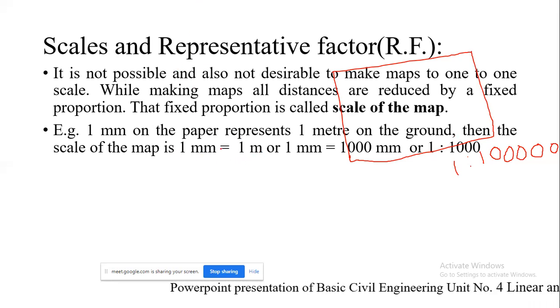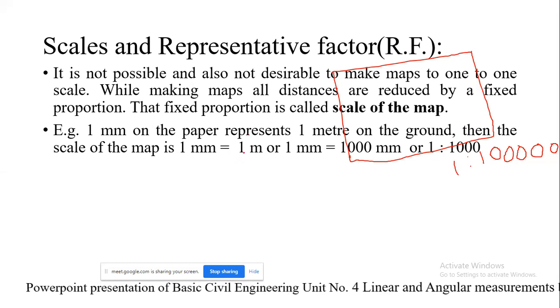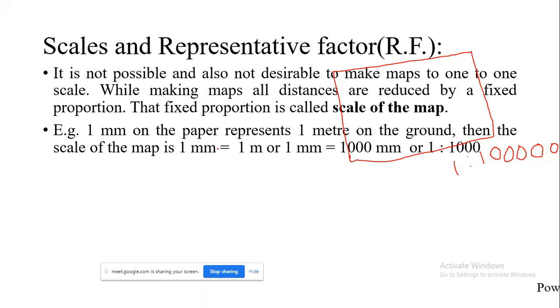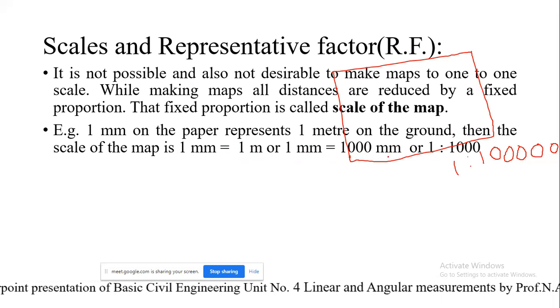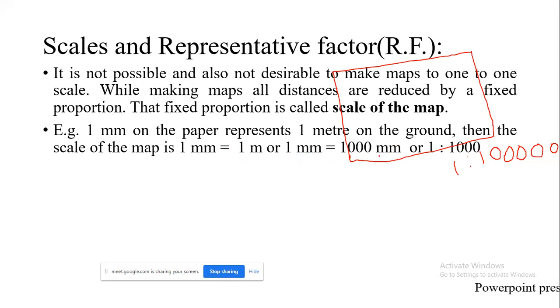You can call the scale 1 millimeter is equal to 1 meter. Whatever is the distance on the ground, that is 1 meter on the ground, on the paper it will be 1 millimeter. Or 1 millimeter will be equal to 1 meter, which is 1000 millimeter, so millimeter will get cancelled. The scale will be nothing but 1 as to 1000.